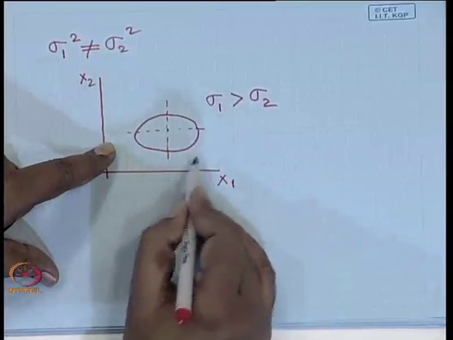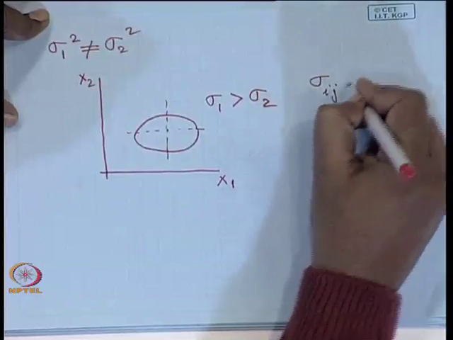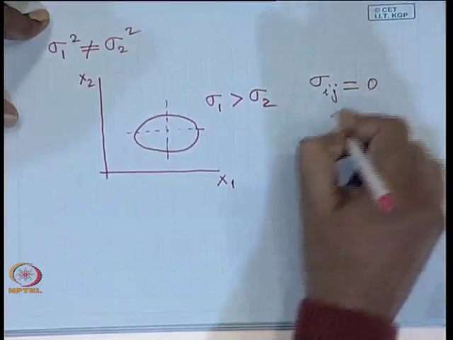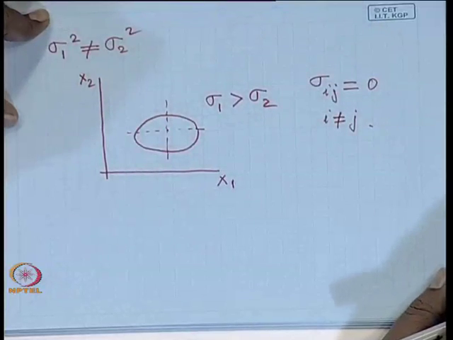Okay. So, this is the nature of the loci of the points of constant density, when my assumption was that different components of the feature vectors are statistically independent. That means, sigma i j was equal to 0 for i not equal to j.